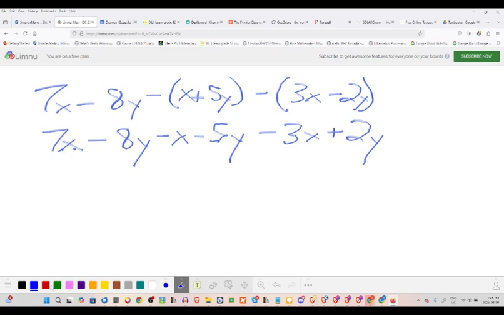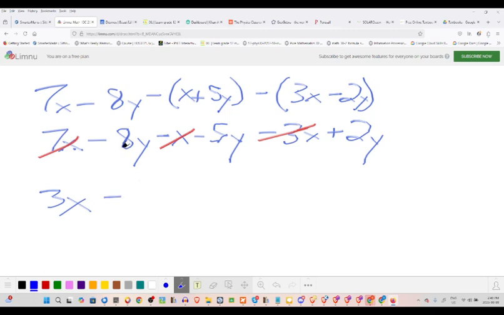Now we're going to collect our like terms. How many x's do we have? 7 minus 1 is 6, minus 3 is 3. So we've got our 7, our minus 1, and our minus 3. I like crossing them out when they get long, so when we're done, if we have anything not crossed out, we could check to see if we missed anything.